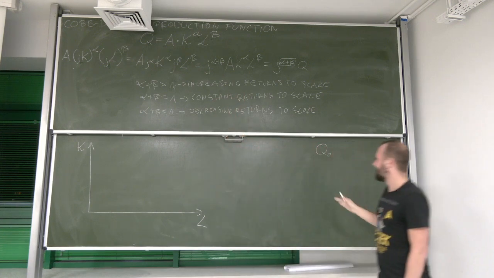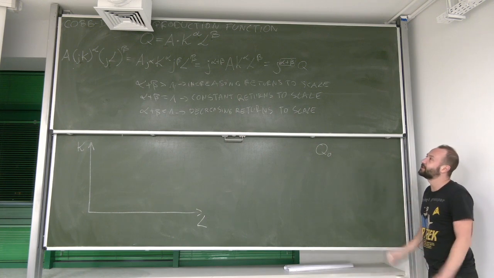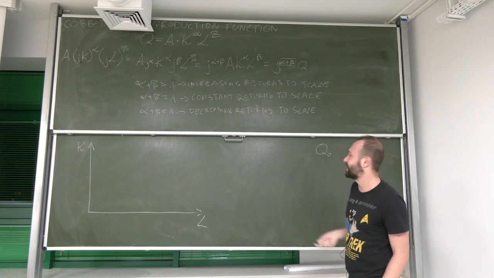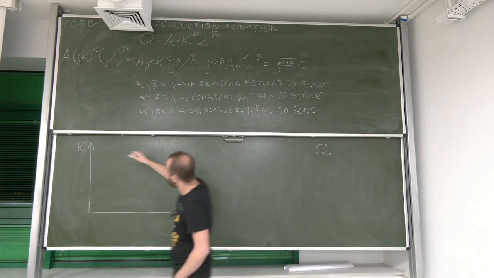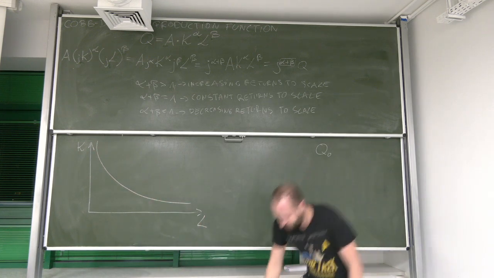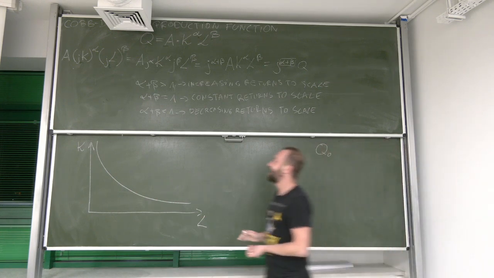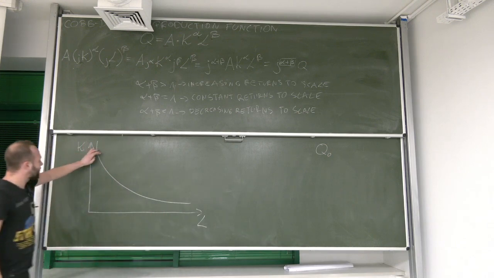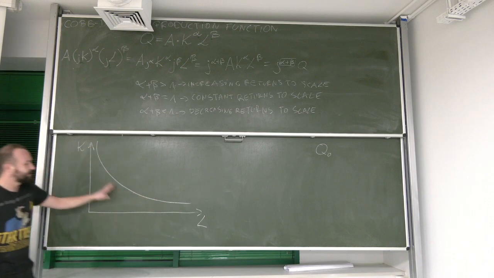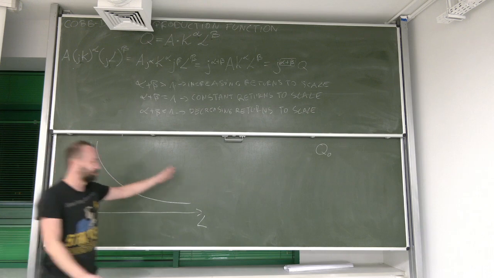As it turns out, if everything is like under the assumptions of neoclassical economic model, we would expect the isoquants to look like this. And they actually are giving us efficient combinations of capital and labor that can be used in order to produce a certain amount of output, some Q0 unit.